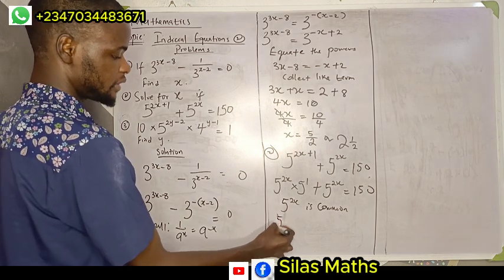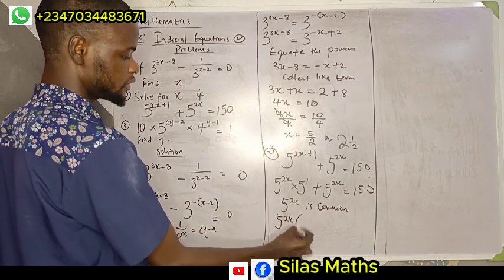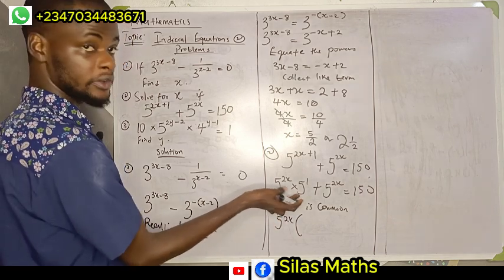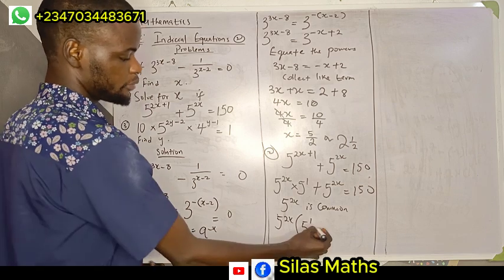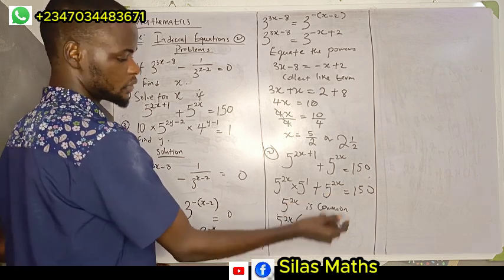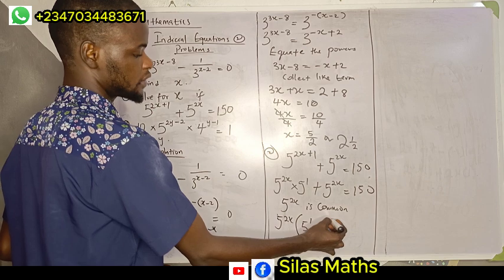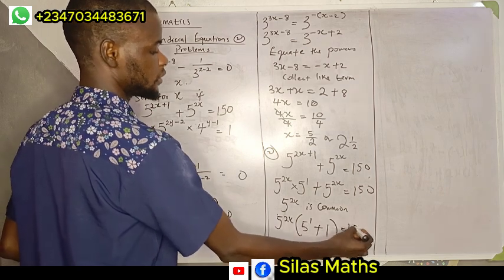So I have 5 to the power of 2x, put everything in brackets. If I remove 5 to the power of 2x here, what will remain is 5 to the power of 1. Plus, if I remove 5 to the power of 2x here, what will remain is 1. Equal to 150.